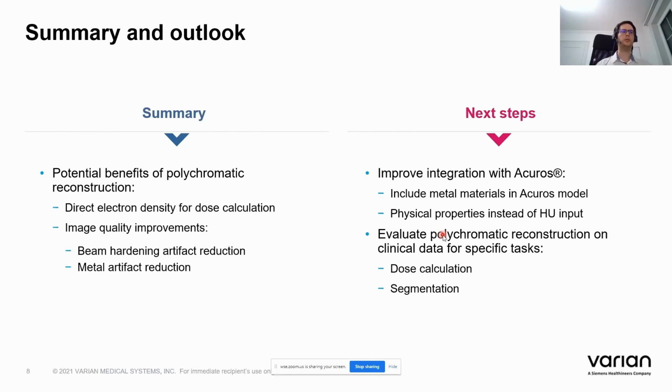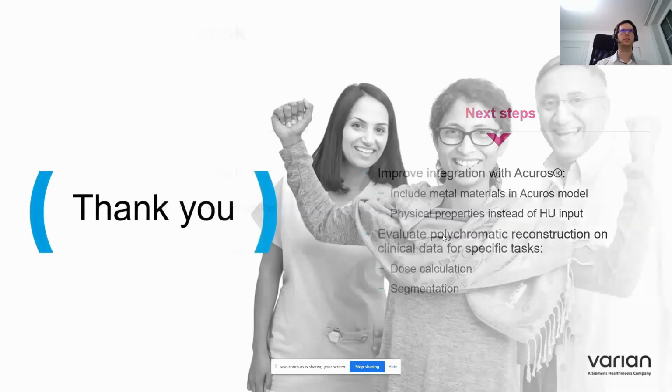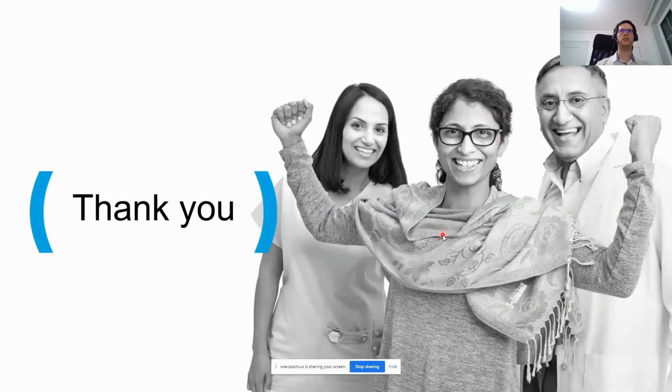Further, we also plan to evaluate this polychromatic reconstruction on more clinical data to examine closely its suitability for specific tasks that are relevant to adaptive treatment, such as dose calculation and automatic segmentation. And with that, I would like to thank you for your attention.